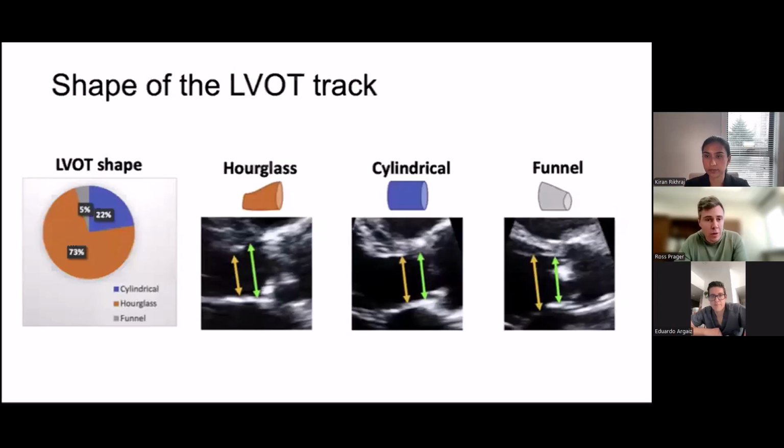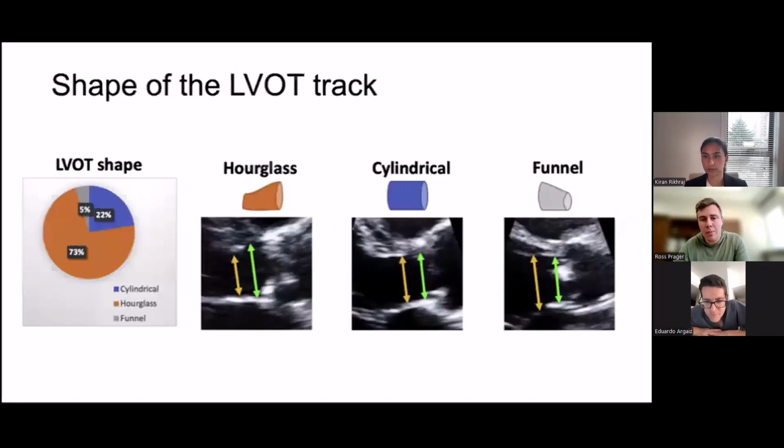And that is true in 22% of the cases, at least based on this study. But actually, a lot of them have more of an hourglass or even a funnel shape in the minority. And it turns out that depending on the shape of it and where you measure it, you might overestimate or underestimate stroke volume.